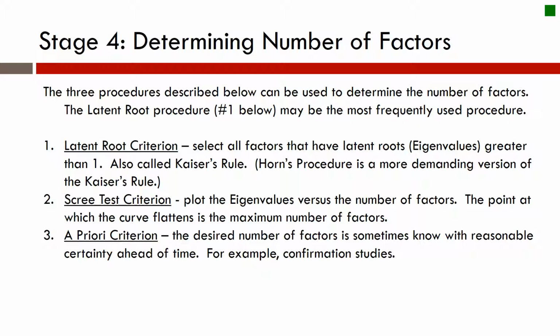So a good researcher will in advance plan their survey in such a way where they will be able to predict how many factors they'll have, and so that should obviously imply how many factors you'll choose here.